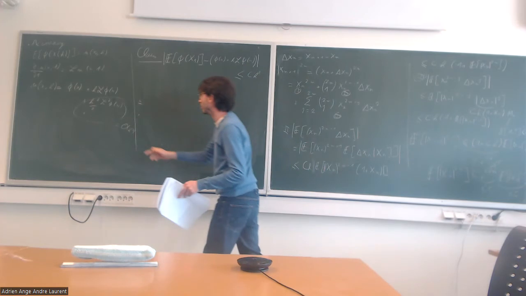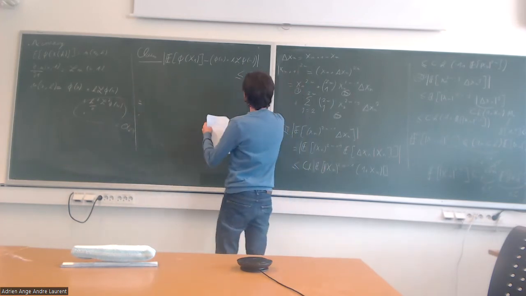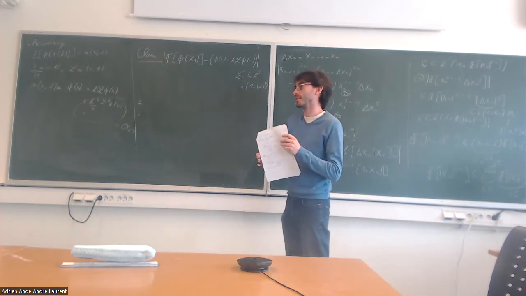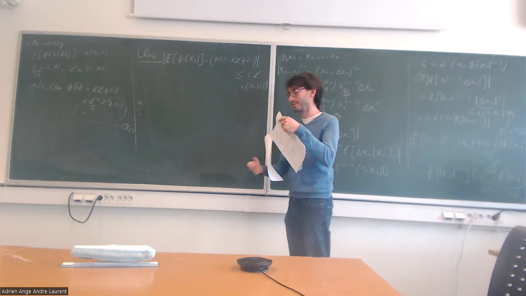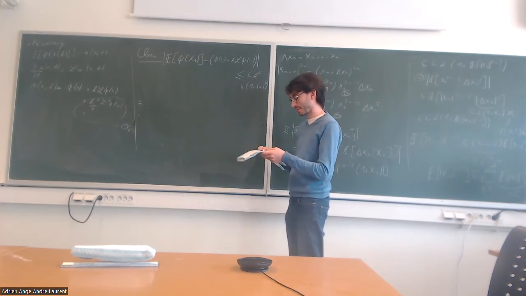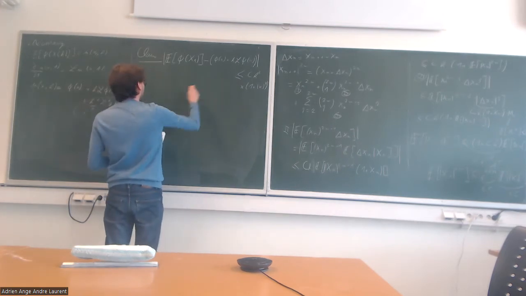We don't have this big O of h^2. We have something else: C h^2 multiplied by (1 plus |x|) to the power n. We have regularity properties, and we have to take care of some assumptions. So that's what we want to prove.